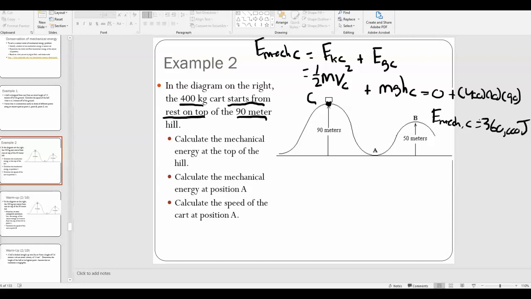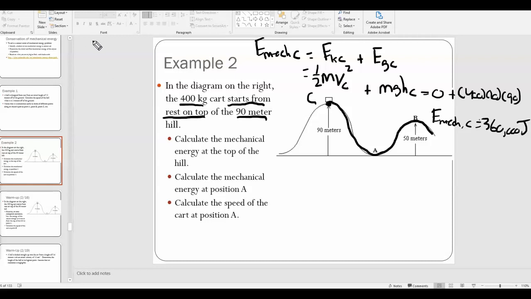In other words, I've met the condition for mechanical energy being conserved, and so this 360,000 joules that I have at the top of the first hill, I have the same amount of mechanical energy the entire time. So even as the cart goes down, reaches point A, and then goes up again, that whole time, I have 360,000 joules of mechanical energy. Okay, and so the overall mechanical energy doesn't change.